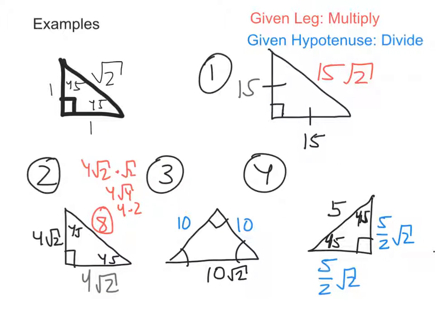But notice that same kind of pattern and that same relationship between the legs and the hypotenuse of the 45, 45, 90 triangle. When I multiplied by the square root of 2, that just happened to be double the coefficient that was in both of the legs.